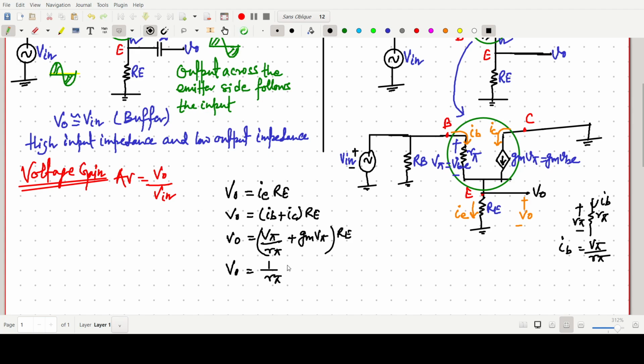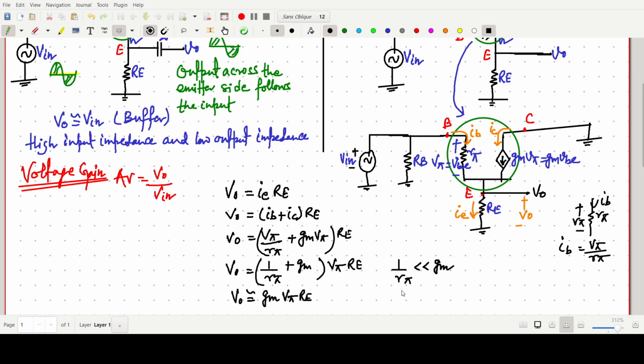Then 1 by r pi plus gm. If we take v pi common from these two terms, we can write it times RE. Okay. Now I am going for one simplification, that it should be gm v pi RE, because 1 by r pi is very much less than gm.